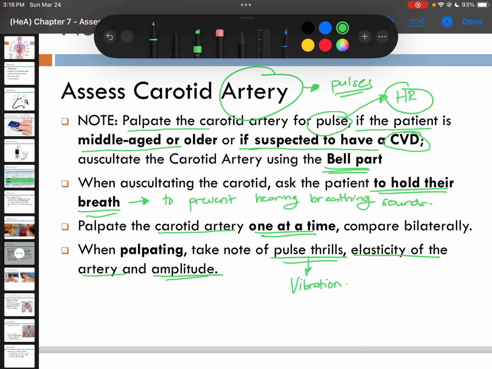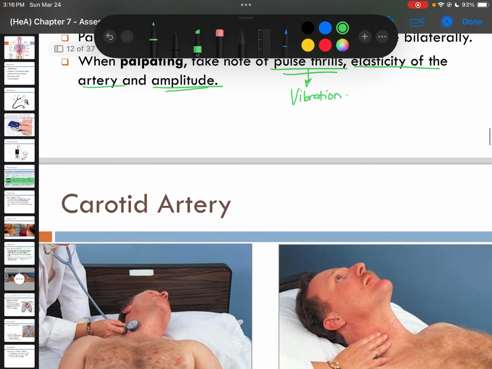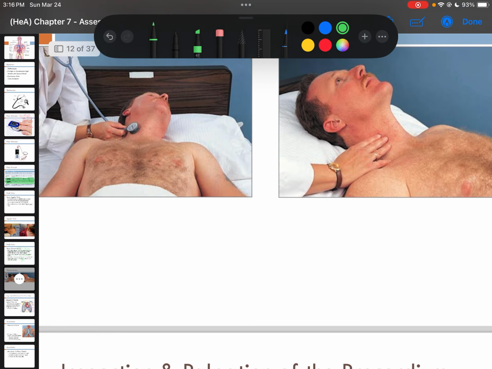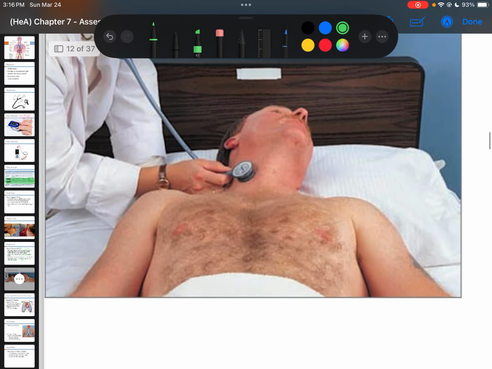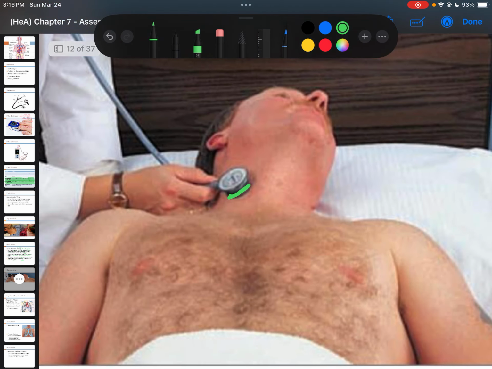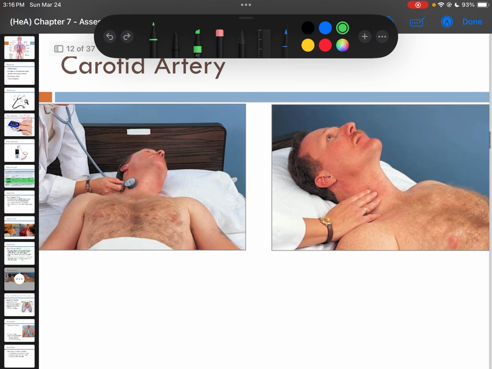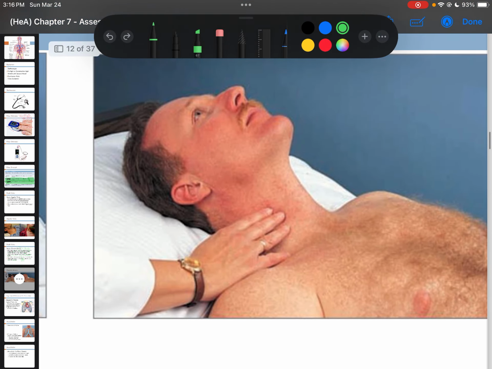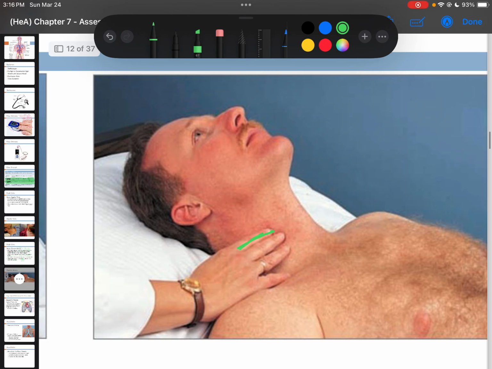So this is how you auscultate the carotid artery. As you can see, they are using the bell part. This is how you palpate it, using two fingers around the lower anterior neck, or the side over the lateral neck. As I've said, it has to be one by one.